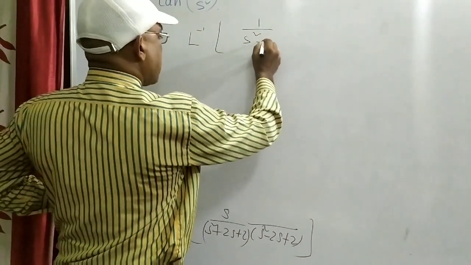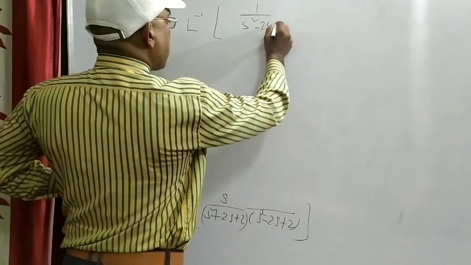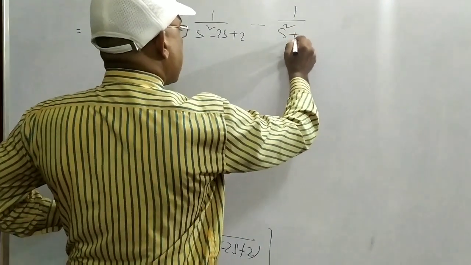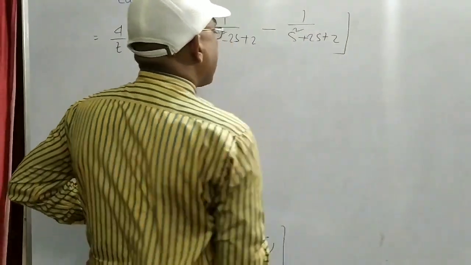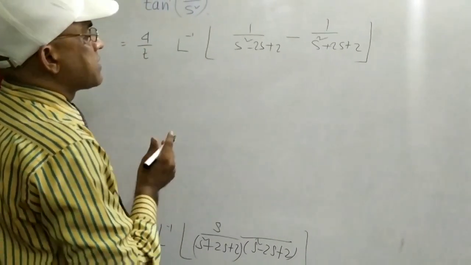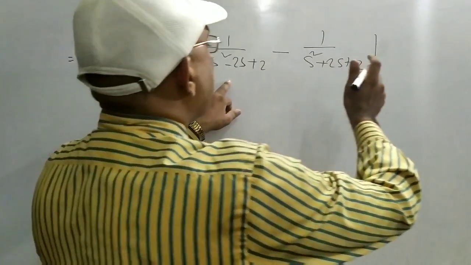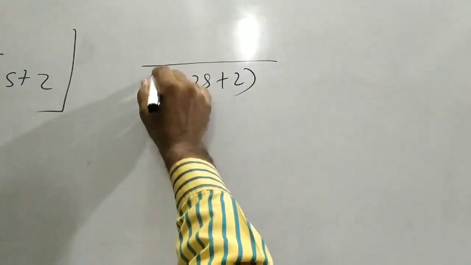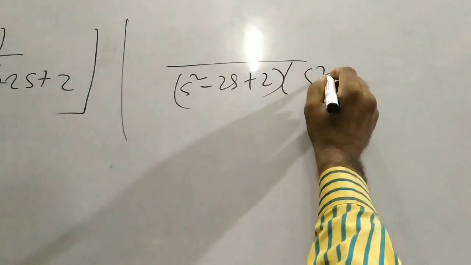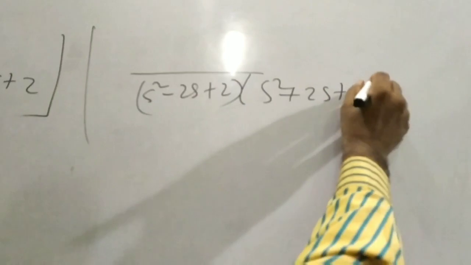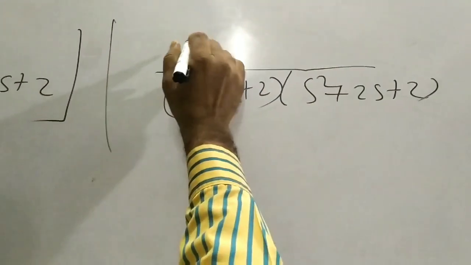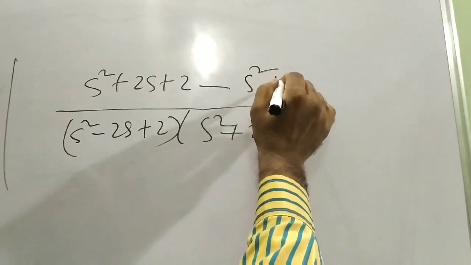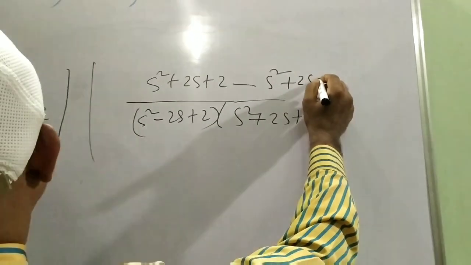1 by s square minus twice s plus 2 minus 1 by s square plus twice s plus 2. We can write in this way. If we recalculate, taking LCM of s square minus twice s plus 2 and s square plus twice s plus 2, we get s square plus twice s plus 2 minus s square plus twice s minus 2.